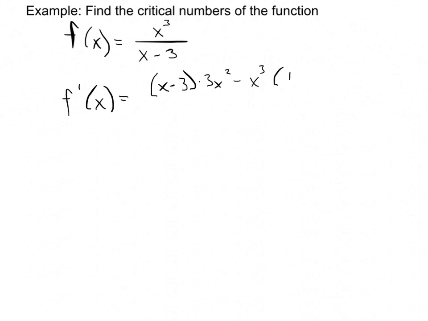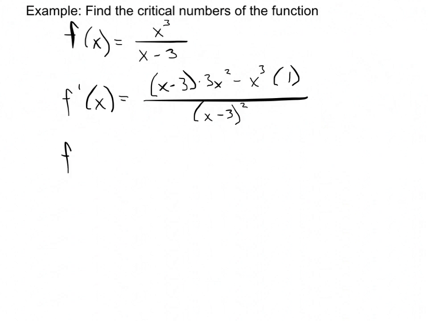The derivative of x minus 3 is 1. Square the bottom, and away we go, or come at me bro, or row, whatever you want, as long as it rhymes with low. So square the bottom. Don't forget to square the bottom part of the rhyme. Great.